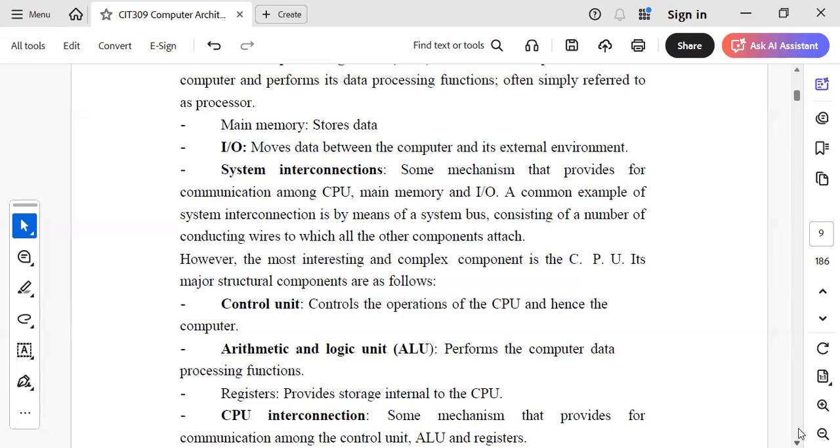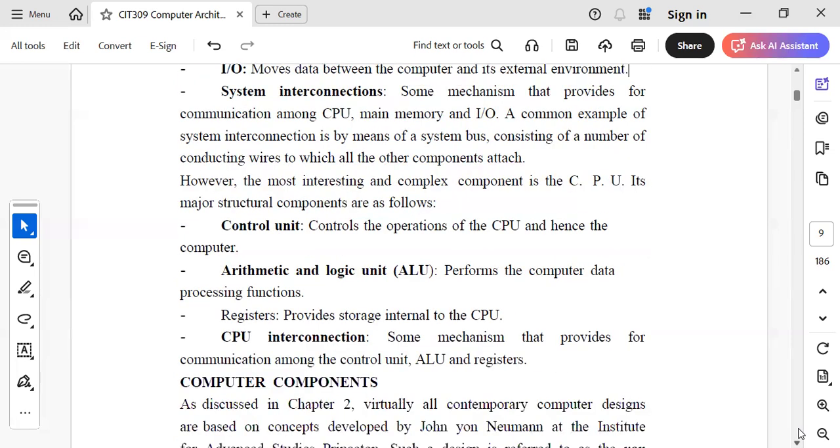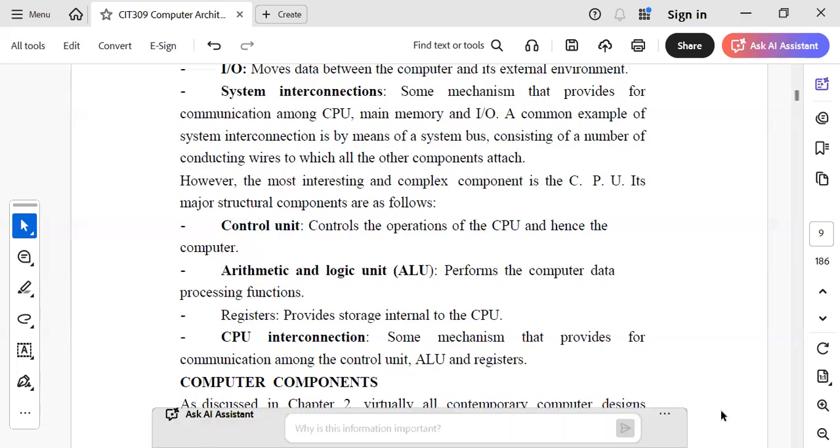The second one is the arithmetic and logic unit, the ALU. The function is that it performs the computer's data processing function. The third one is the register. The function of the register is that it provides storage internal to the CPU.